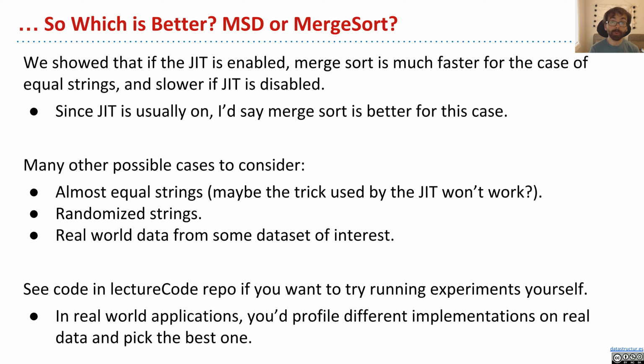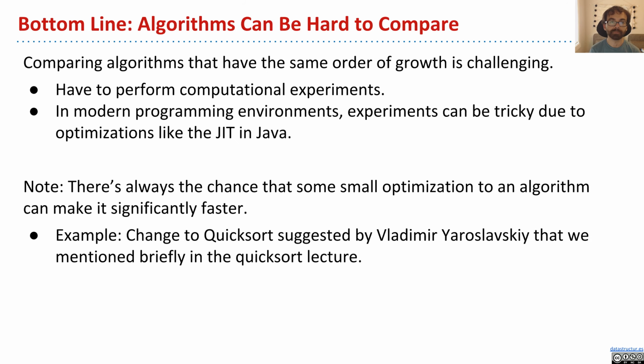But if it's a performance critical thing where you really, really care about that constant factor, the answer is you do profiling. You run your code on real-world implementations and you see which is better. So then bottom line, I would just say this. Algorithms can be really hard to compare. If you have two algorithms with the same order of growth, trying to come up with some cost model is very difficult because the cost model, if you just pick one operation, it's probably not going to be good enough, as we just saw.